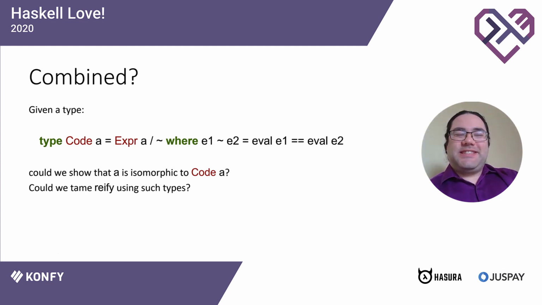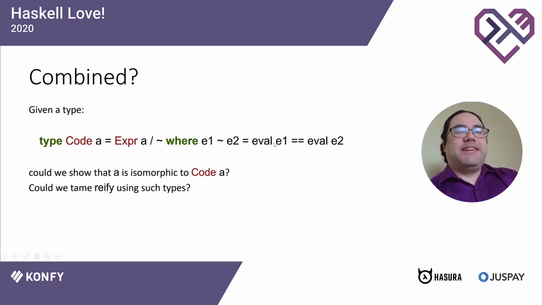And this leads to the suggestion that we could prove that the type A is isomorphic to the type Code A. And if that's the case, that means at any time we could use Reify to turn an arbitrary value into its code, and then manipulate the code, and then replace it with maybe a different representation. So maybe we get a function, we manipulate the representation of this function and replace it. And as long as we satisfy this equation, that manipulation would be a pure function.